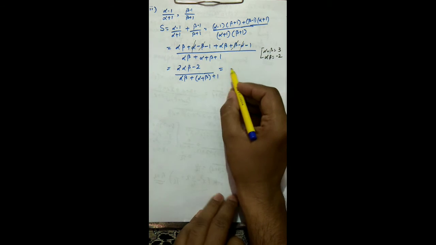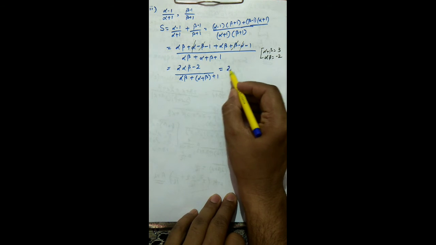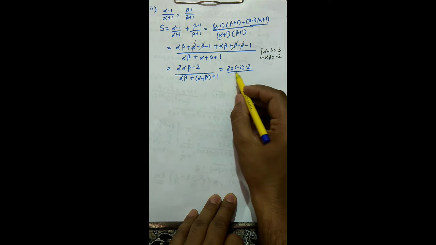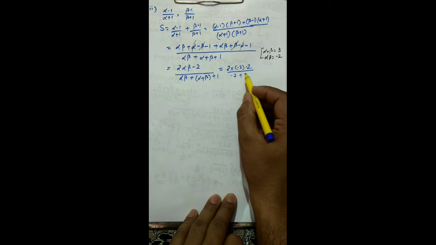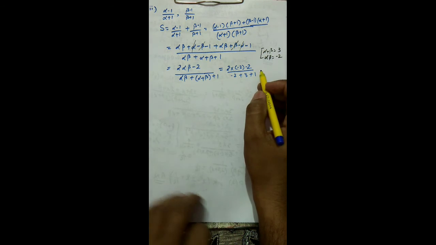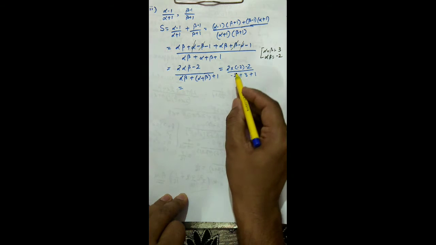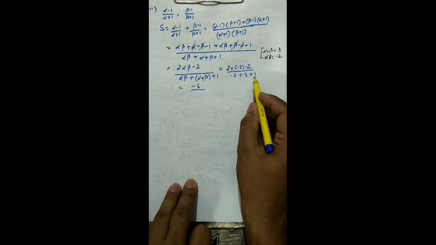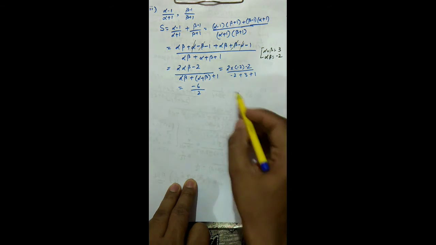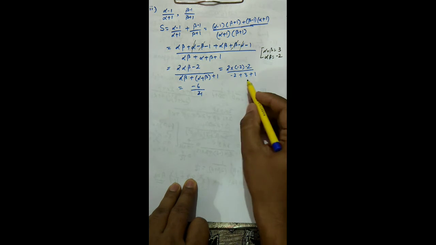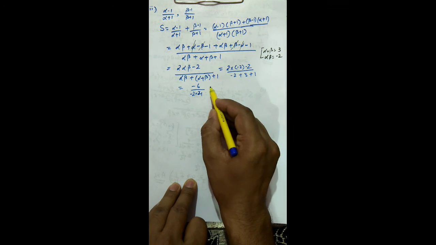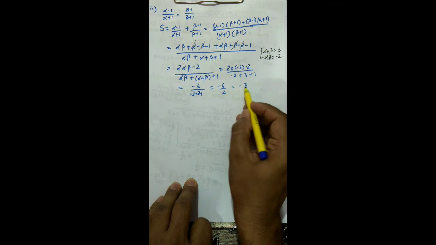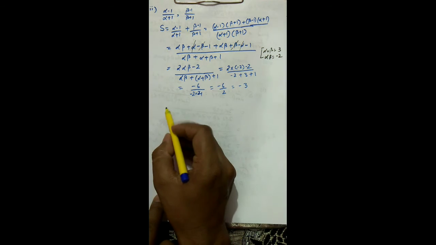So 2 into alpha beta is minus 4, minus 2 is minus 6 in the numerator. In the denominator, alpha beta is minus 2, plus alpha plus beta which is 3, plus 1, so that is 2. So you get minus 6 upon 2, and simplifying you will get minus 3. So your value of S has come.